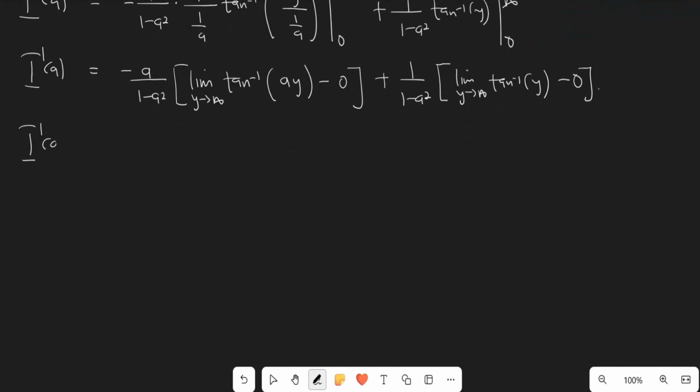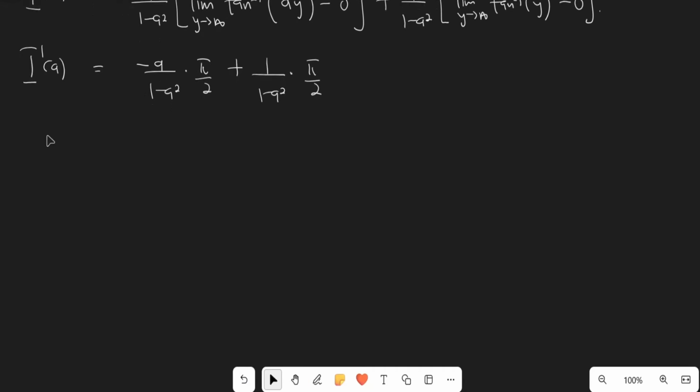I prime of a is equal to, as y approaches infinity, this approaches infinity, and tan inverse of infinity is pi over 2. So this is multiplied by pi over 2, plus 1 all over 1 minus a squared, and this is pi over 2 as well.